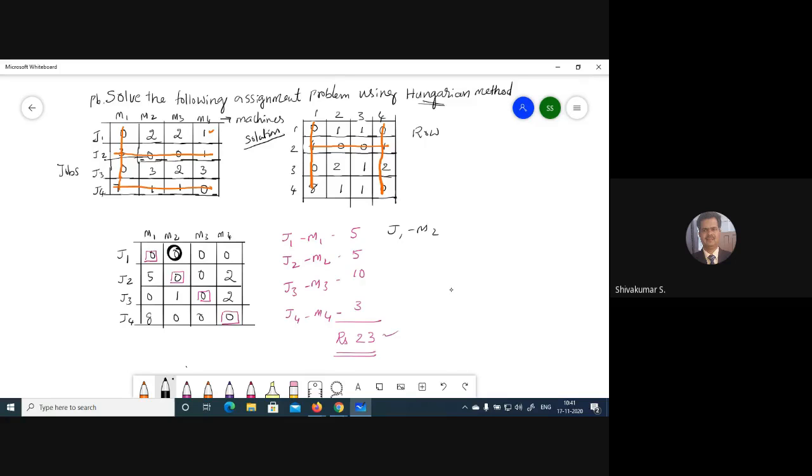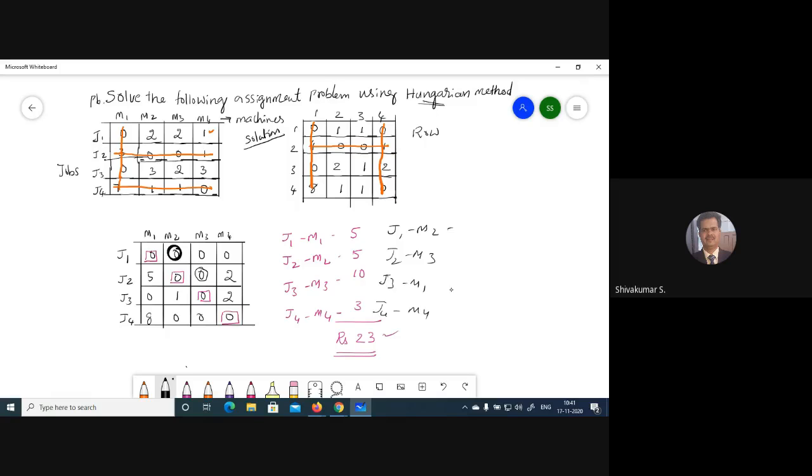And similarly, J2, M3 should do because M1 is already done. Now I can do J3, M1, which is 0 now. Next J4, M4. It's one more alternative solution I can get here because there are multiple zeros.